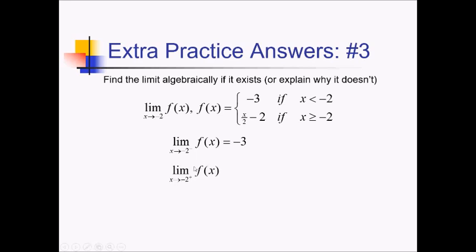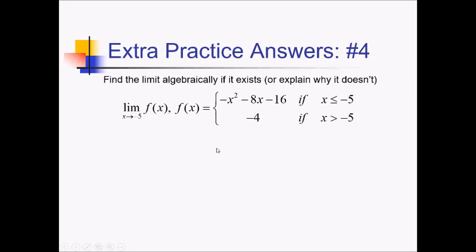For the right-sided limit at negative 2, we're using this second rule, so that's going to be negative 2 over 2 minus 2. So negative 1 minus 2 comes out to negative 3. And since the left and the right side limits give us the same answer, that means the two-sided limit is going to be that answer. So negative 3 for the overall two-sided limit as x approaches negative 2.